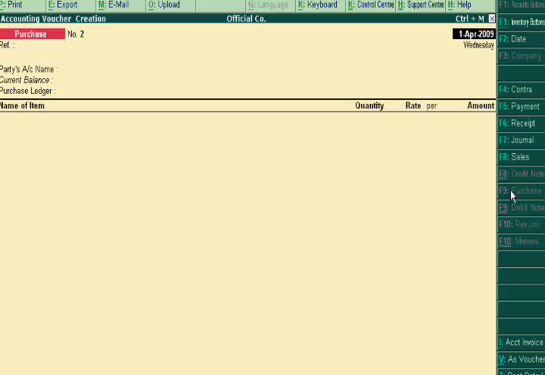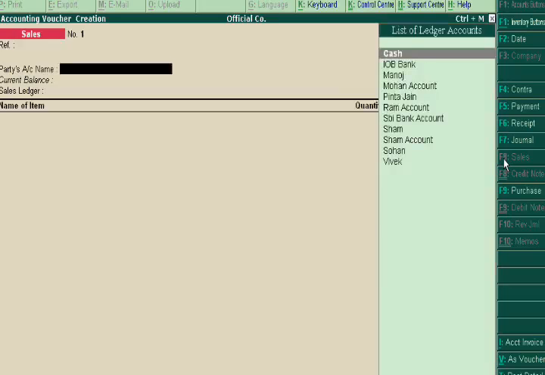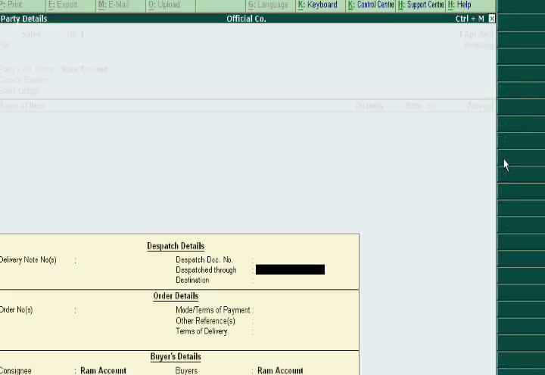Same goods, if we sell them to another customer on credit, we will pass a voucher entry in sale voucher. Suppose we sell it to Ram on credit, so we have to mention Ram's account as our debtor.